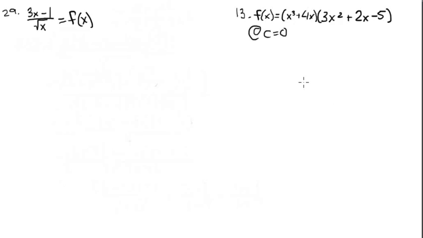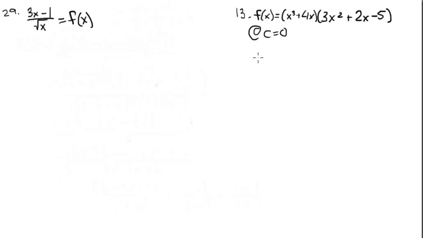We're going to do number 13 now from section 2.3, and the directions say find f prime of x and f prime of c, and they give you a value of c equal to 0. So what are they asking for?